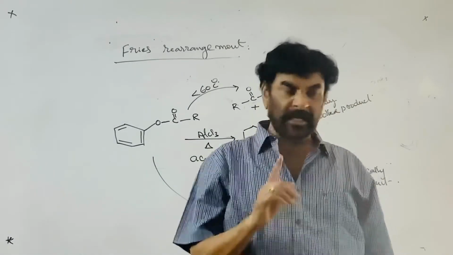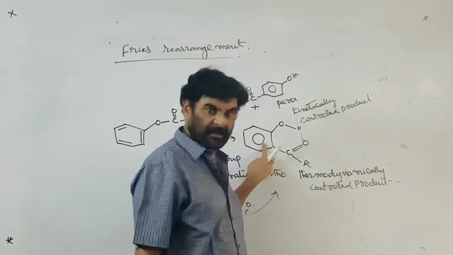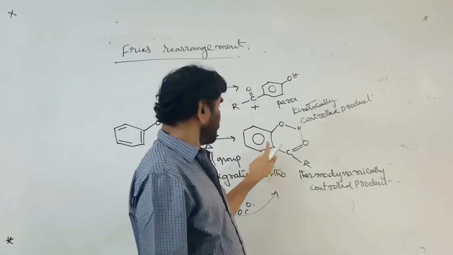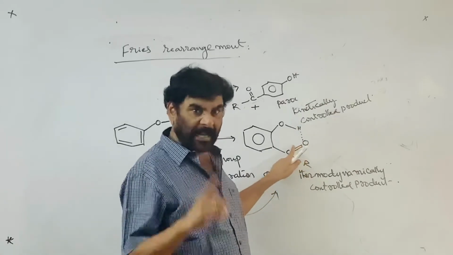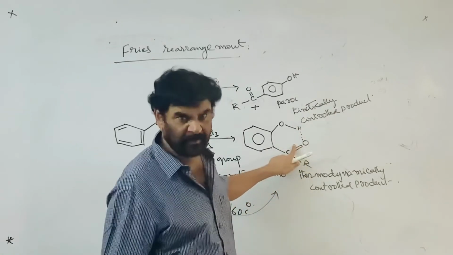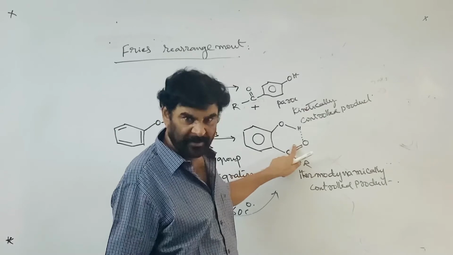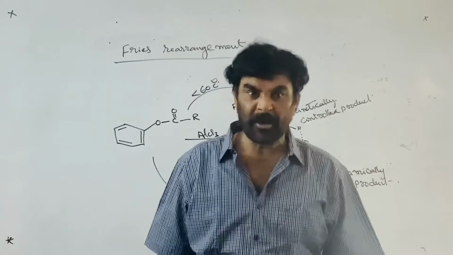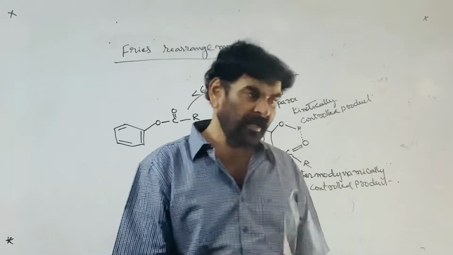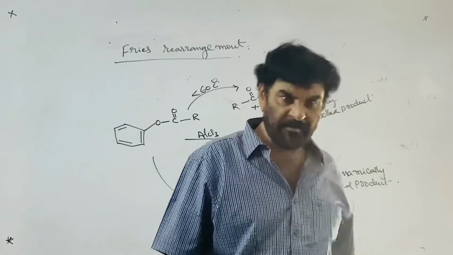So the activation energy is more for this, and the stability of the product is more. Activation energy is not favorable for the reaction, but product stability is favorable; the thermodynamic parameters are favorable for the formation of the product.